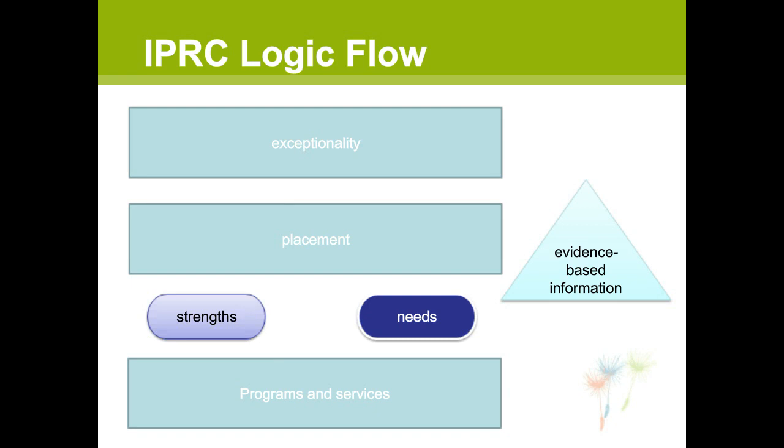But possibly the only value for what we're doing right now around strengths would be if you had a child that clearly was able to understand work at grade with appropriate programs and services, much as would be the case with Emily, actually. But we're going to be looking at needs right now, because needs drive programs and services.